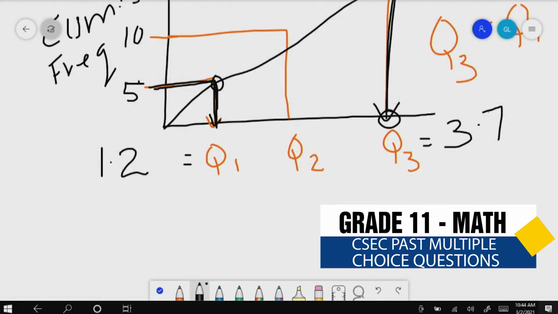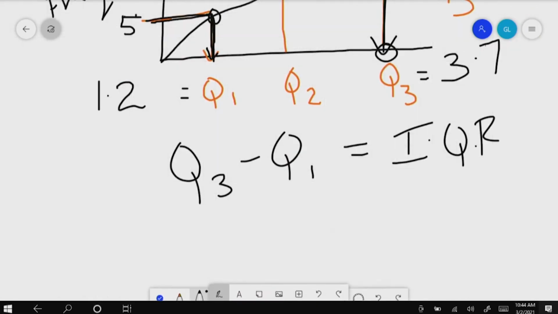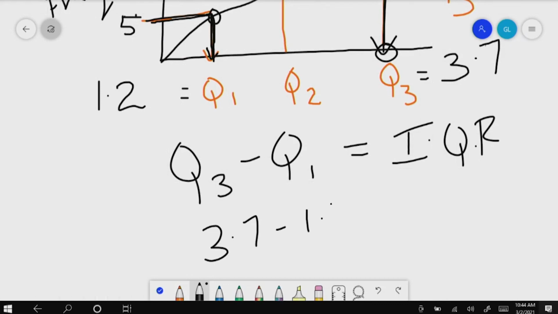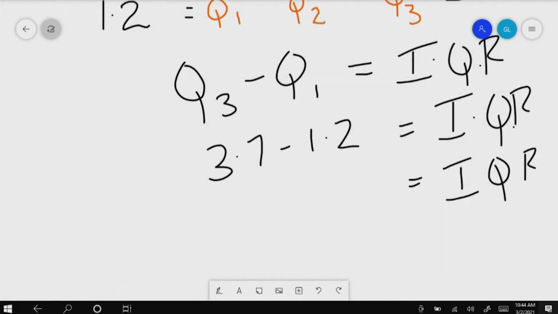Now, in substituting in the formula Q3 minus Q1 to find our interquartile range, we would have seen that if we substitute these values, 3.7 minus 1.2, which would have been the IQR, interquartile range, our IQR would have equaled to 2.5. Hence, the solution for this question is C.